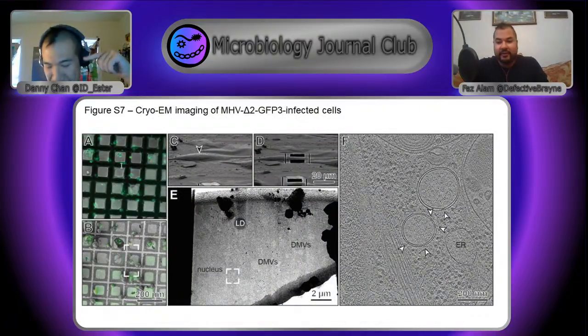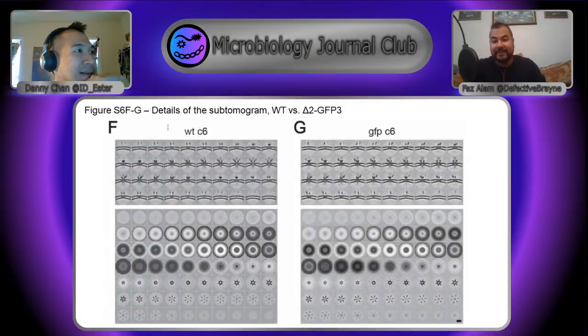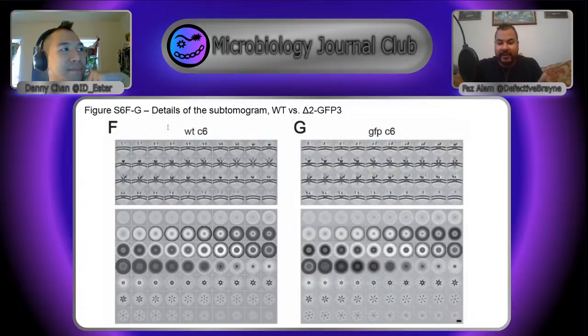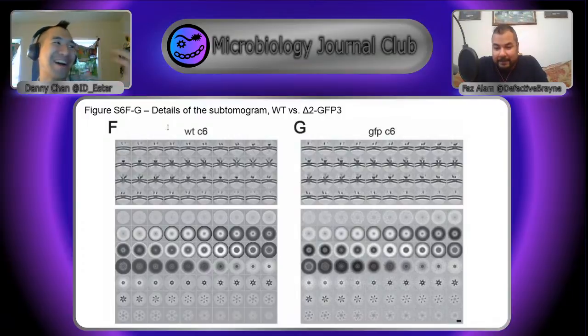Yes. So next we're going to be looking at figure S6F, which again, like the previous figure, when you're looking at E and F, compares it with the GFP version, and we can actually see that the difference isn't that big. Not looking at it like this, at least, right? It's hard to see what's going on.